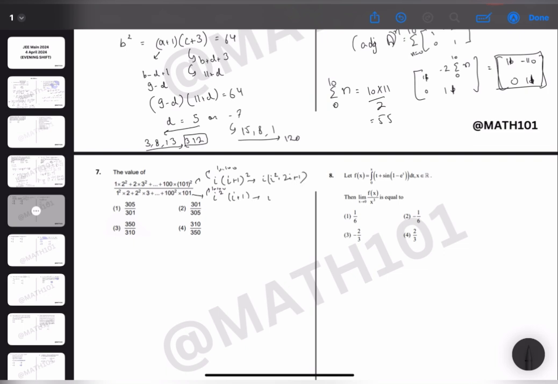Expanding the denominator, we get I cube plus I square. So the numerator is summation I cube plus 2I square plus I, I equals 1 to 100. Denominator is summation 1 to 100 of I cube plus I square.